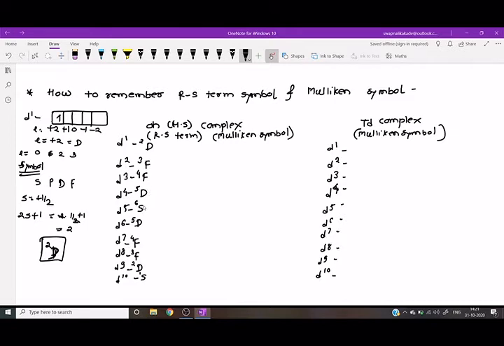DFFDS, again repeat the pattern DFFDS, and the Mulliken symbol is T2 T1 A2 E A1.